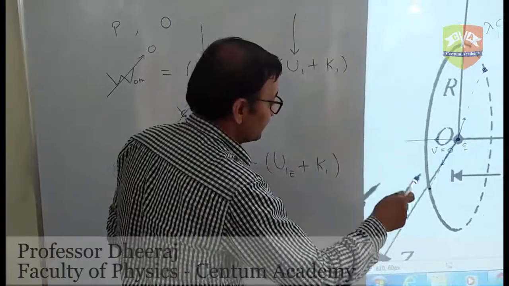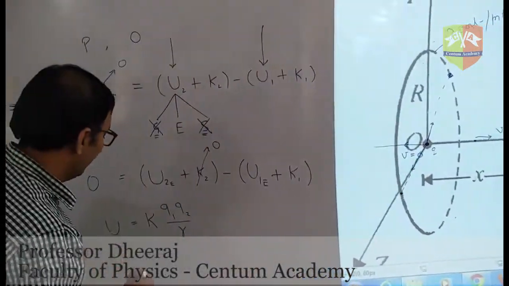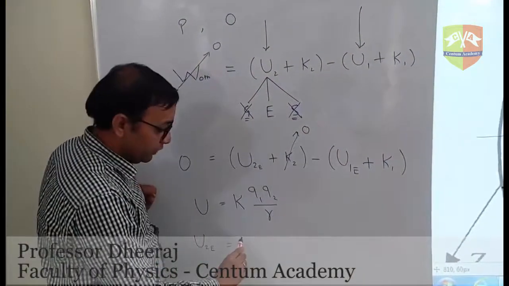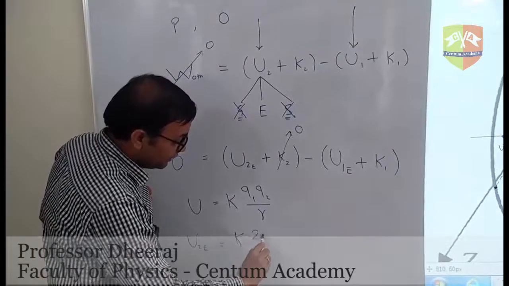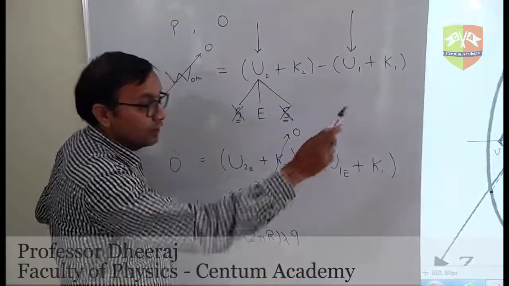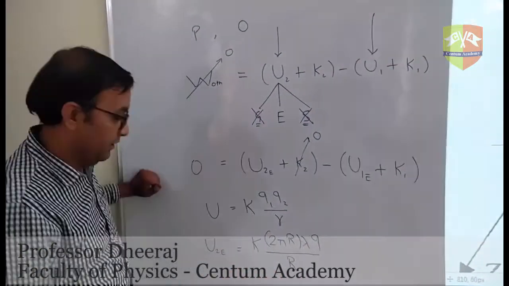So when I add up all the point charges, it will consider the whole circle automatically. So potential energy U at point 2 should be equal to K times the charge on the ring, which is 2 pi r times lambda, into the second charge q, divided by the distance between them, which is r.